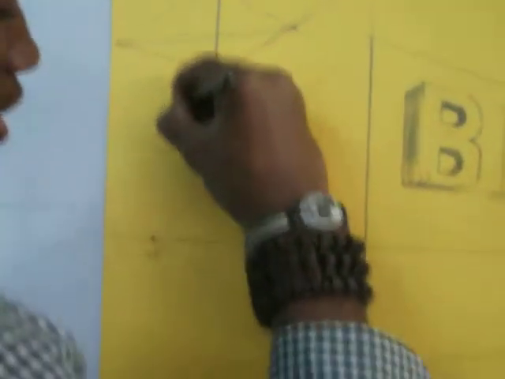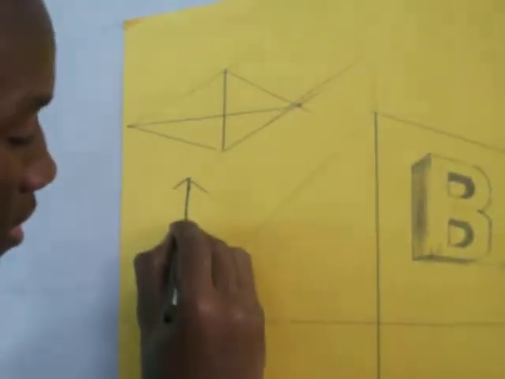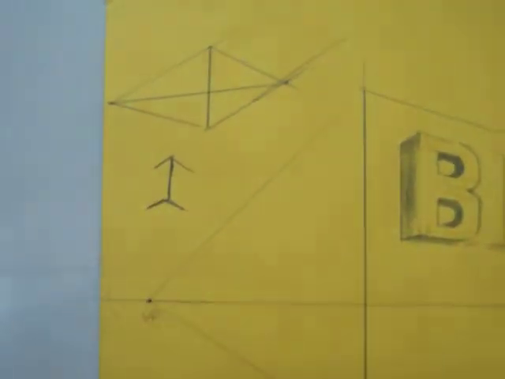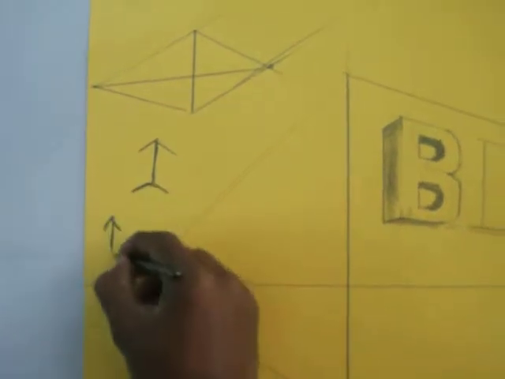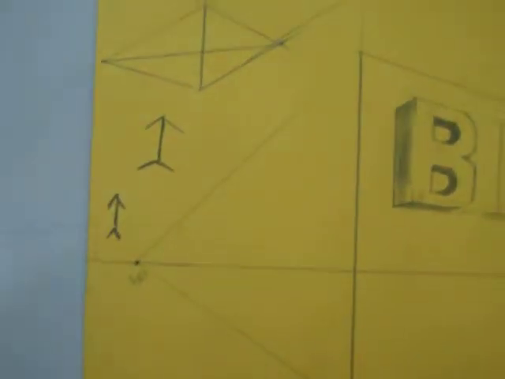So it's always this, then that, then that. So it's almost like an arrow, a double-edged arrow.